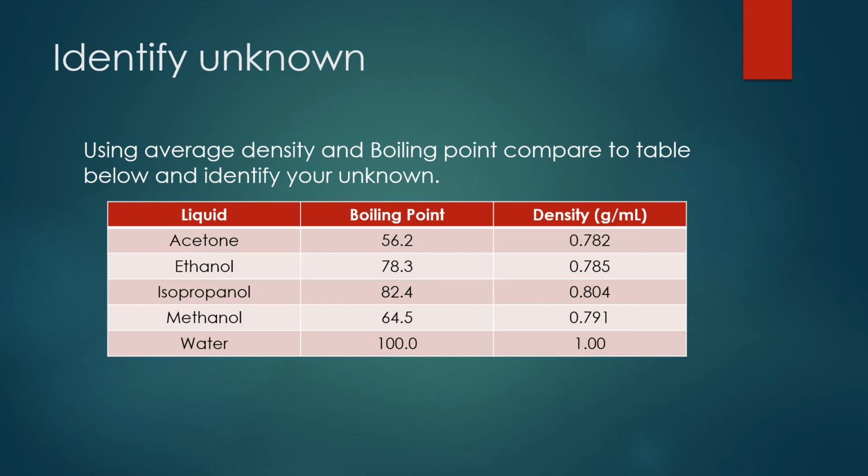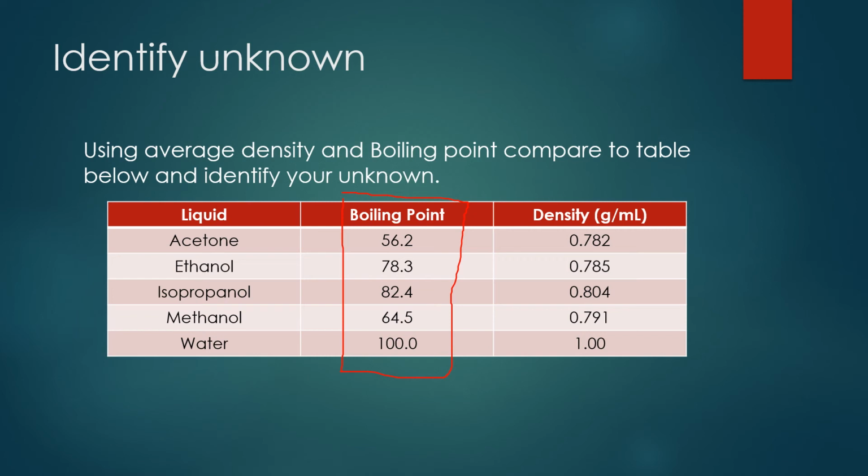I'm going to start with boiling point since those were given to you. The two boiling points we got were 79.5 and 81.0. To figure out the unknown, you just look at the boiling points in the table and see which ones are close to the boiling points you were given.